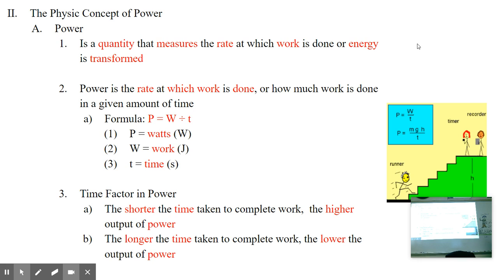So time is our component now, along with work. And so depending on how much time it takes for a certain amount of work to be done, that's going to tell us our power. So power, to solve for it, this time you take work divided by the amount of time in question.